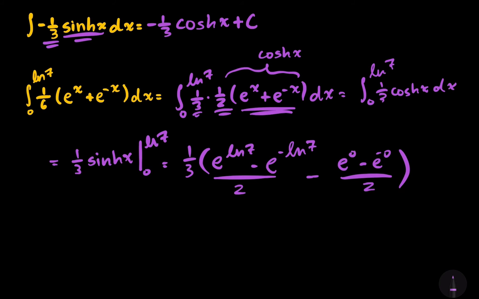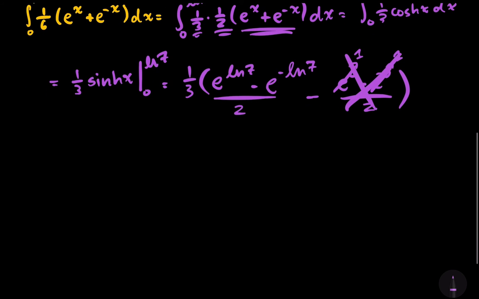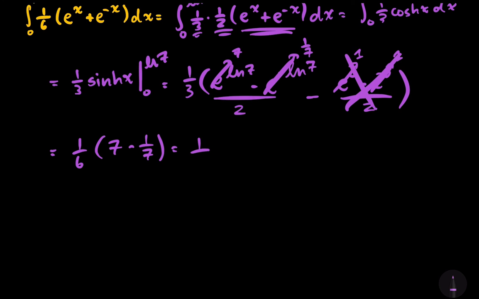Here, e^0 is 1 and e^(-0) is also 1, so this entire term is just (1 - 1) over 2, and this becomes 0. Over here we have e^(ln 7), which we know is just 7, and e^(-ln 7), which is 1/7. We can take this 2 out, and we get 1/6 times (7 - 1/7).